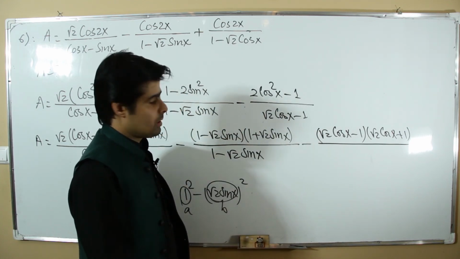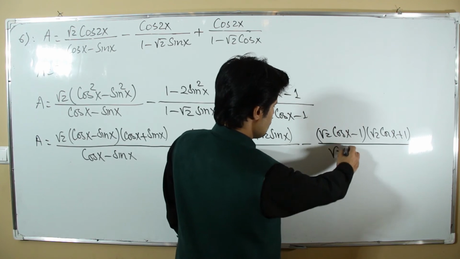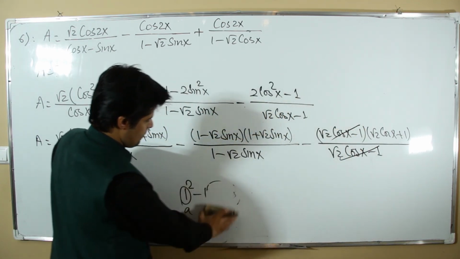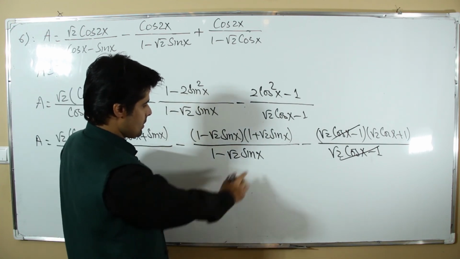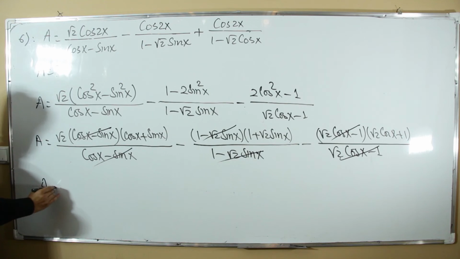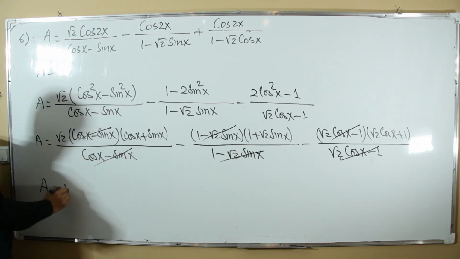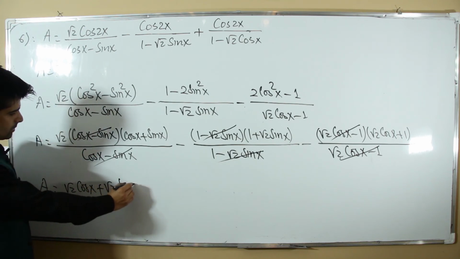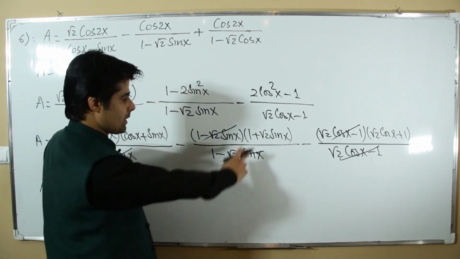Can we do this one? Yes. So root 2 cosine x minus 1. This is cancelled here, this is cancelled, and it's cancelled. A is root 2 times this one, root 2 cosine x plus root 2 sine x. Open this bracket.